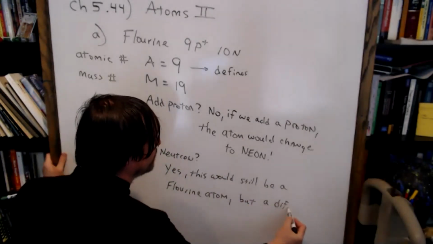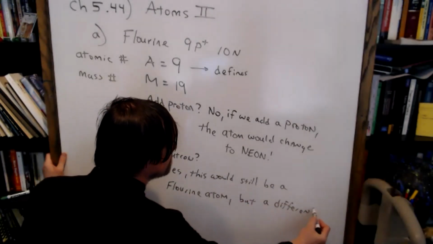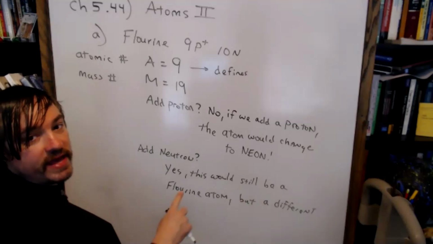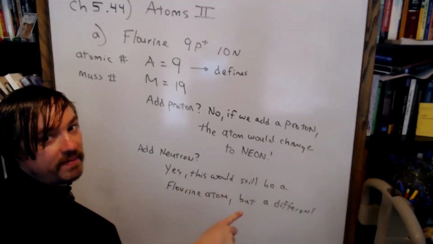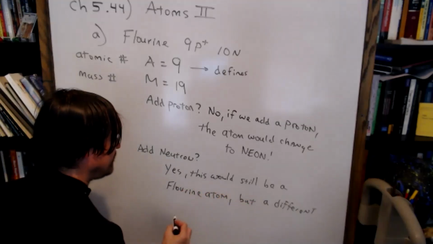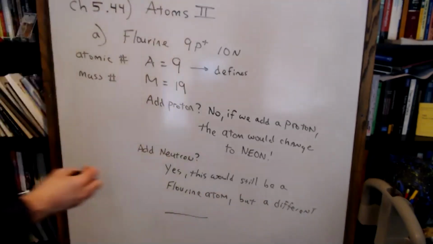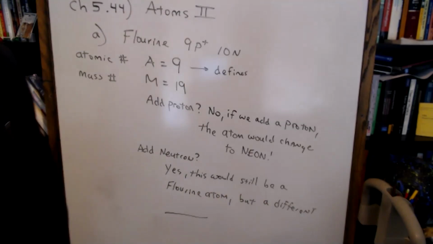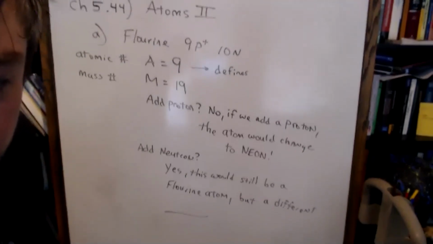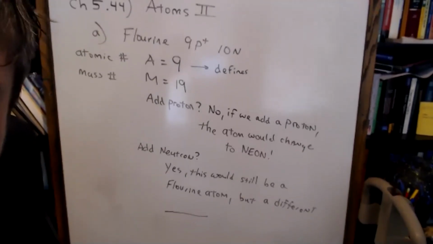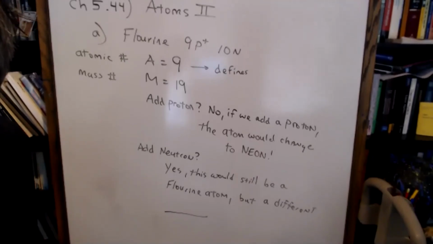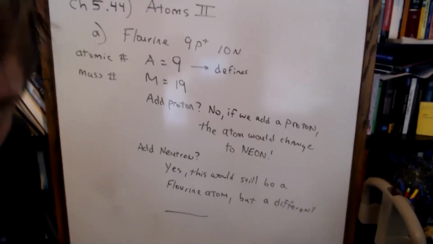But a different, can you see what I'm writing? Yes, this would still be a fluorine atom, but now a different, what's our $10 word there? It's not that it's a different atom, it's that it's a different... I thought I was having a late start today.